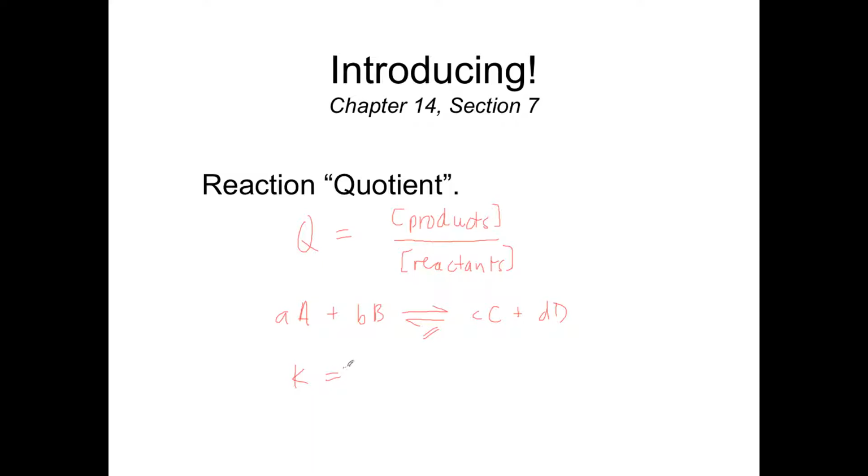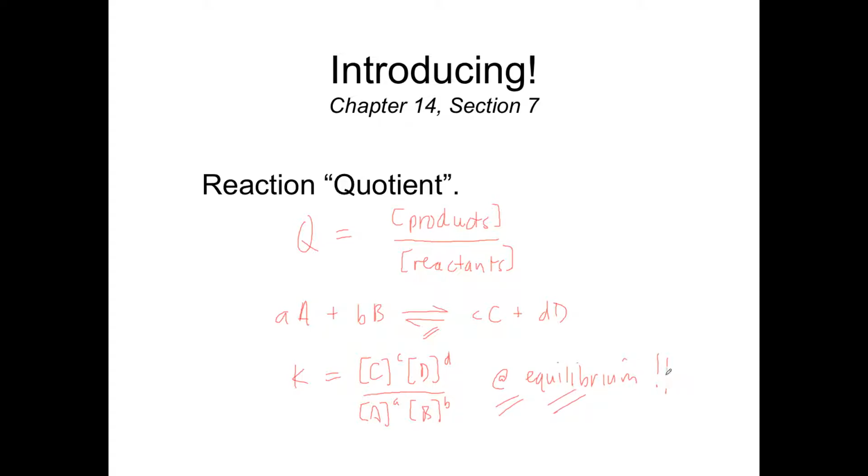The equilibrium constant is given as the concentration of C raised to the c, concentration of D raised to the d, over the concentration of A raised to the a, and the concentration of B raised to the b. Which is exactly what we're talking about here, right? Except, here's the big difference now. We said this was at equilibrium.